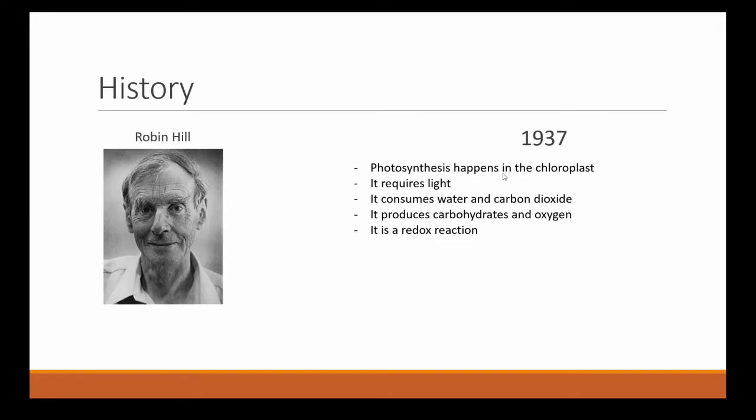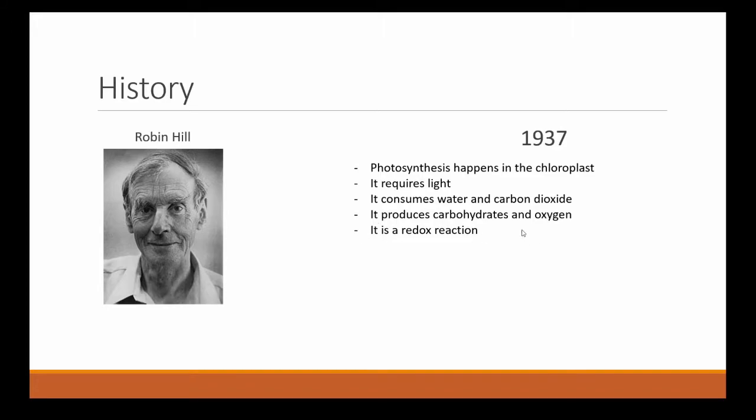Number one, photosynthesis happens in the chloroplast of the palisade mesophyll cells of green plants. Number two, it requires light. They know that it consumes water and carbon dioxide, and it produces carbohydrates and oxygen. So basically, the formula that you're all supposed to learn in science class, grade 4, grade 5, whenever that is.